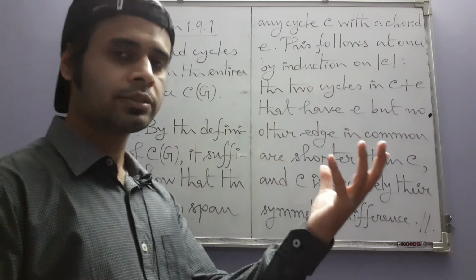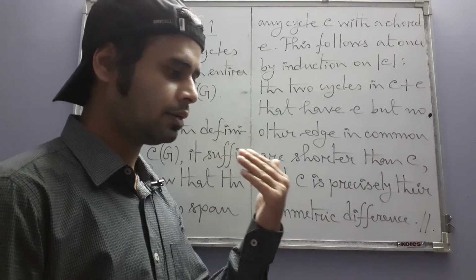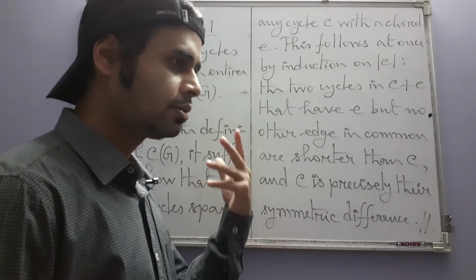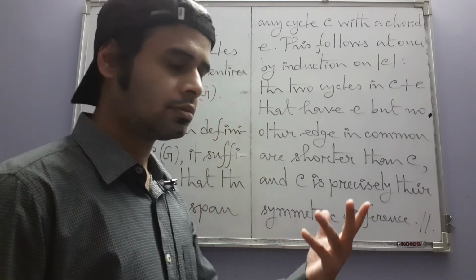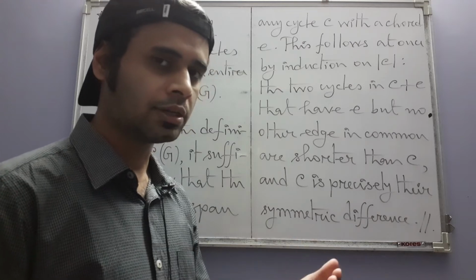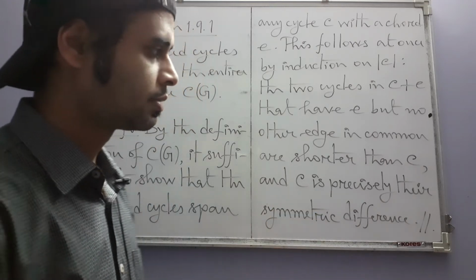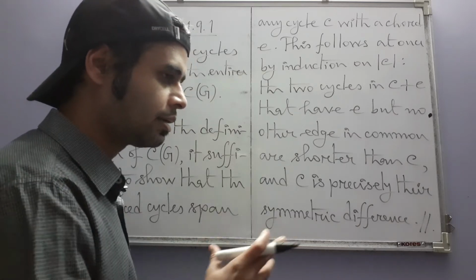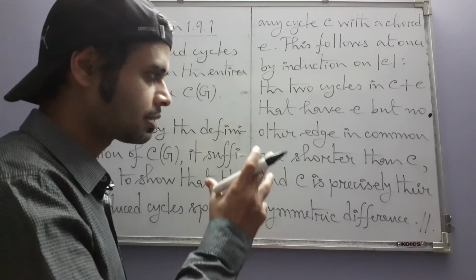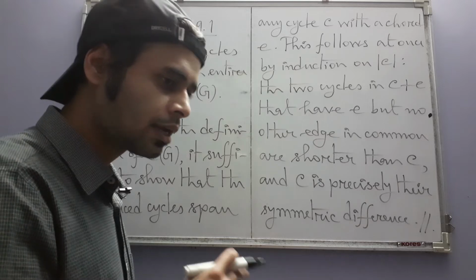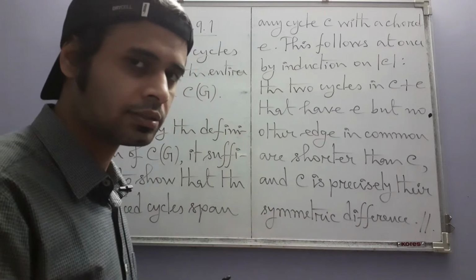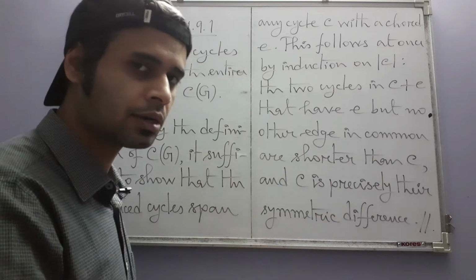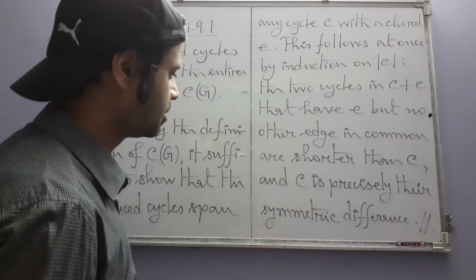We have the cycle space which is spanned by all the cycles in the graph, and we are saying that in fact the cycle space is also spanned by all the chordless cycles. So it's enough to show that a cycle with chord is spanned by chordless cycles, and then the chordless cycles themselves will span the entire cycle space.